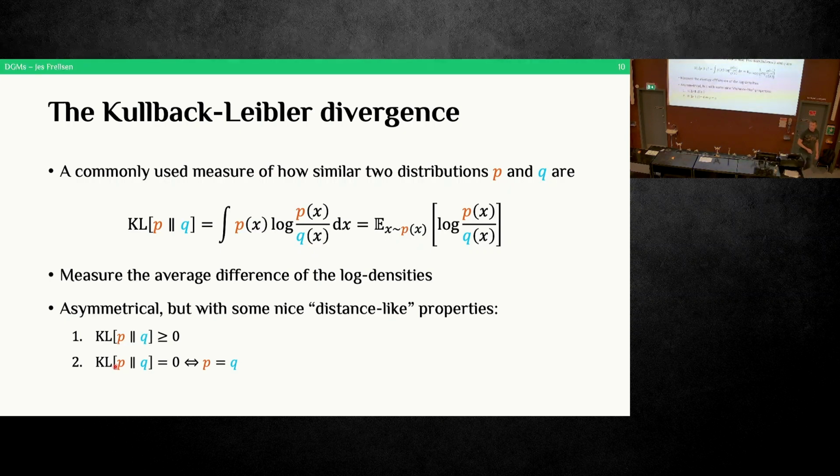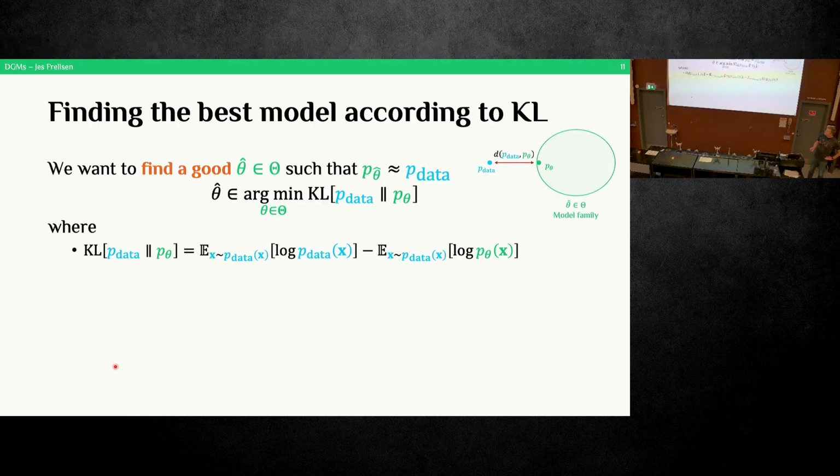So we want to find theta such that we minimize the KL divergence between our data generating distribution and our model.